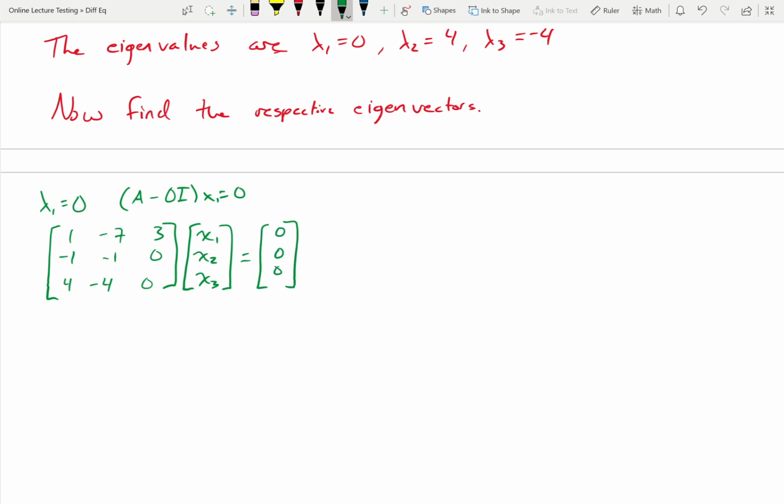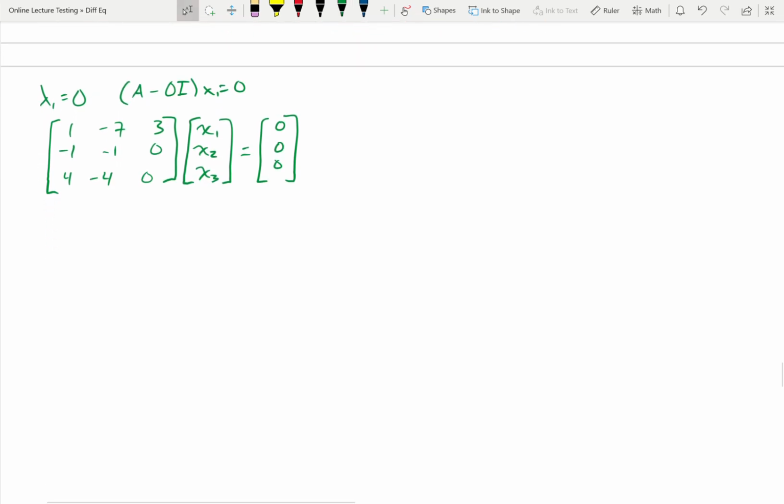The nice thing about this is you can do row reduction on this immediately without any consequence, because you have the 0 vector on the right hand side. To appropriately set this up, technically you would write it as an augmented matrix.